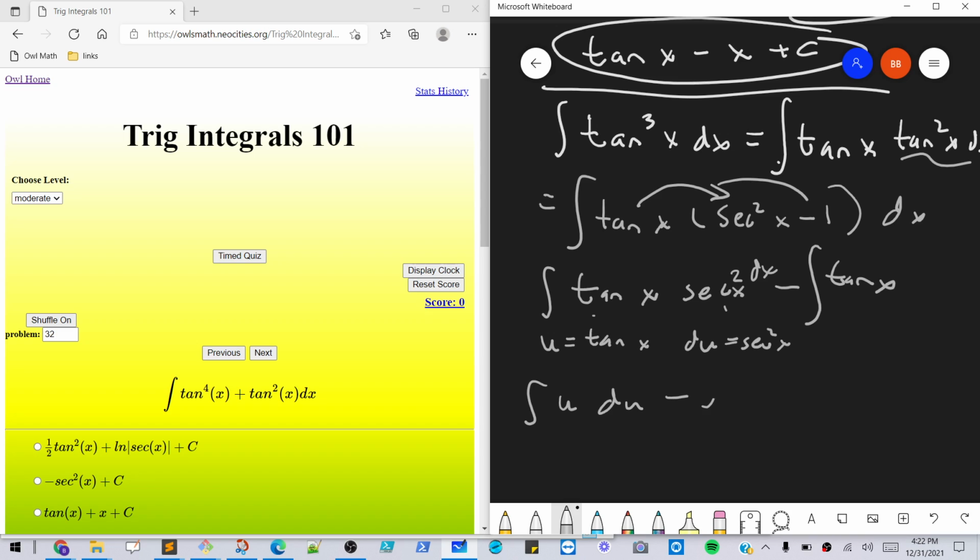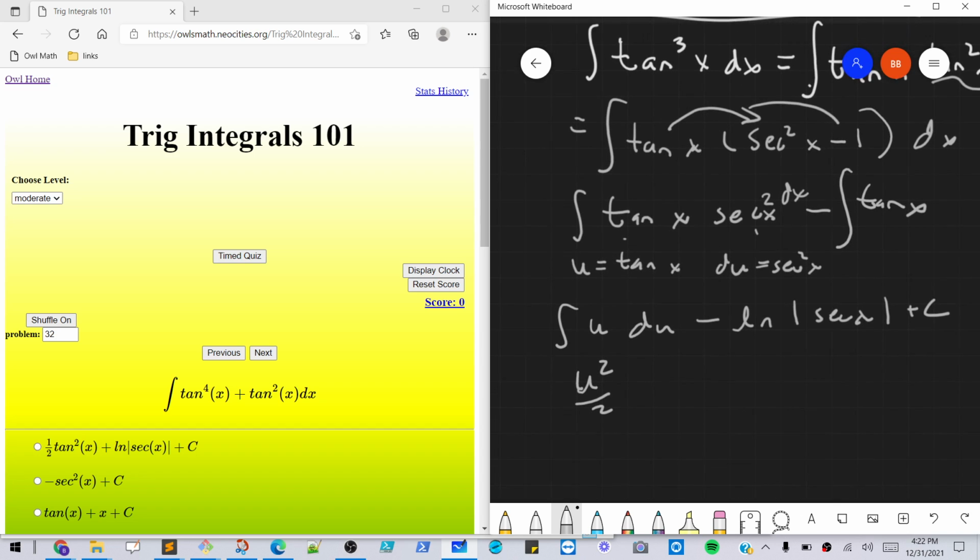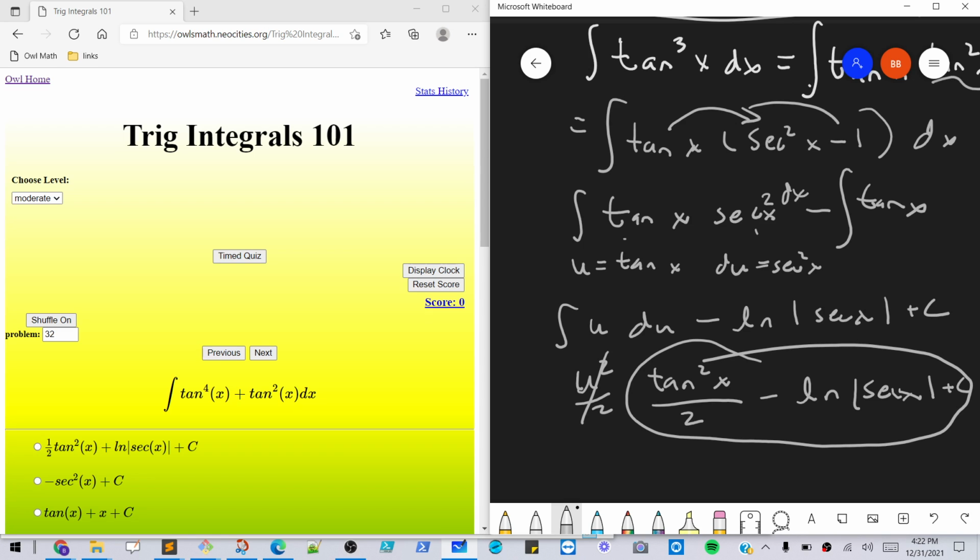And we already know that the integral of tangent is ln of secant x plus c. So this is going to be u squared over 2, but let's rewrite that as tan squared x over 2 minus ln secant x plus c. And that's our integral of tan cubed.